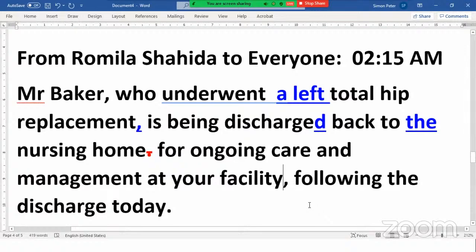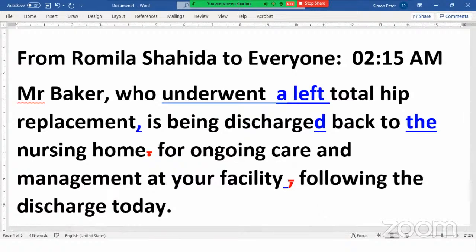Okay. You can remove this. Right. Mr. Baker, who underwent a left total hip replacement, is being discharged back to the nursing home. Okay. For ongoing care and management at your facility following the discharge today.